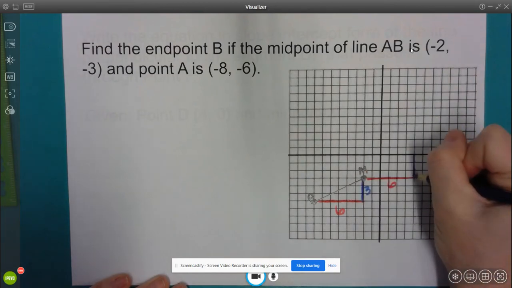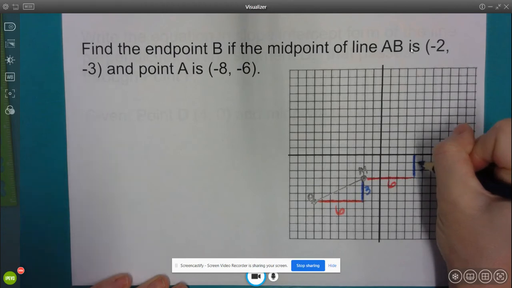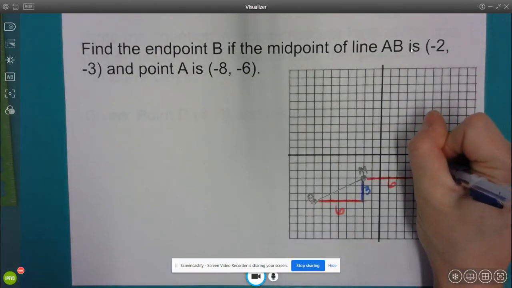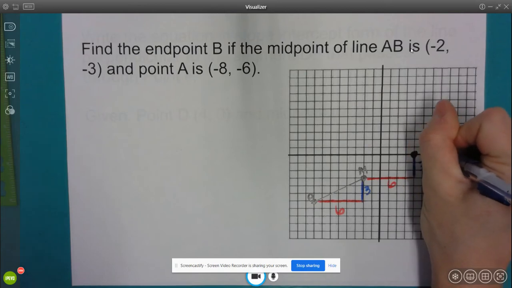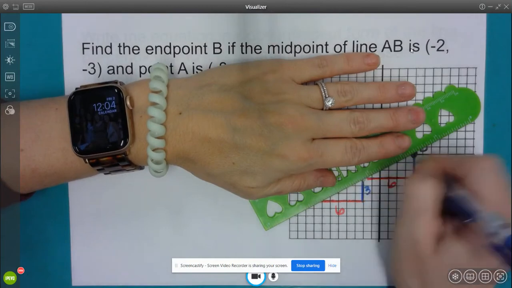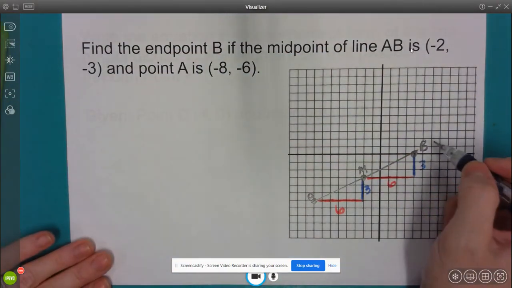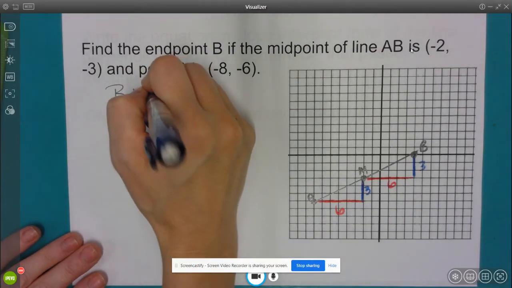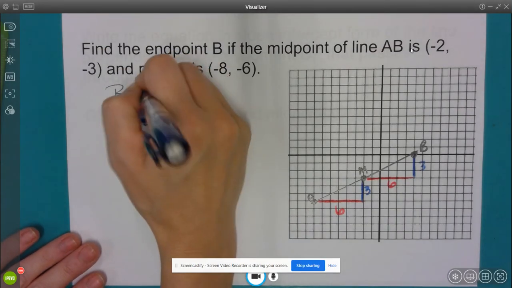So 1, 2, 3, and that will give me my endpoint of B. And then I can connect the line. So B is at 4, 0.